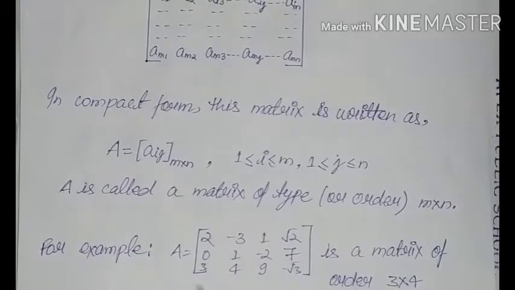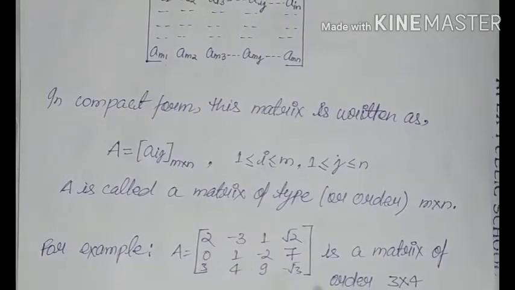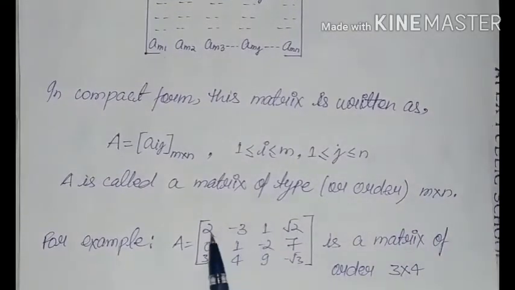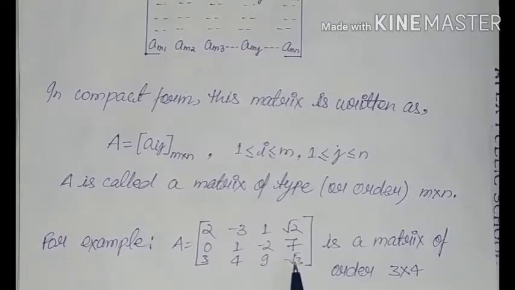This is an arrangement of numbers in a rectangular form, and this is a matrix of order 3 by 4. 3 by 4 means 3 stands for rows, first row, second row, third row, and 4 stands for columns, first, second, third and fourth column. This is a matrix of order 3 by 4.